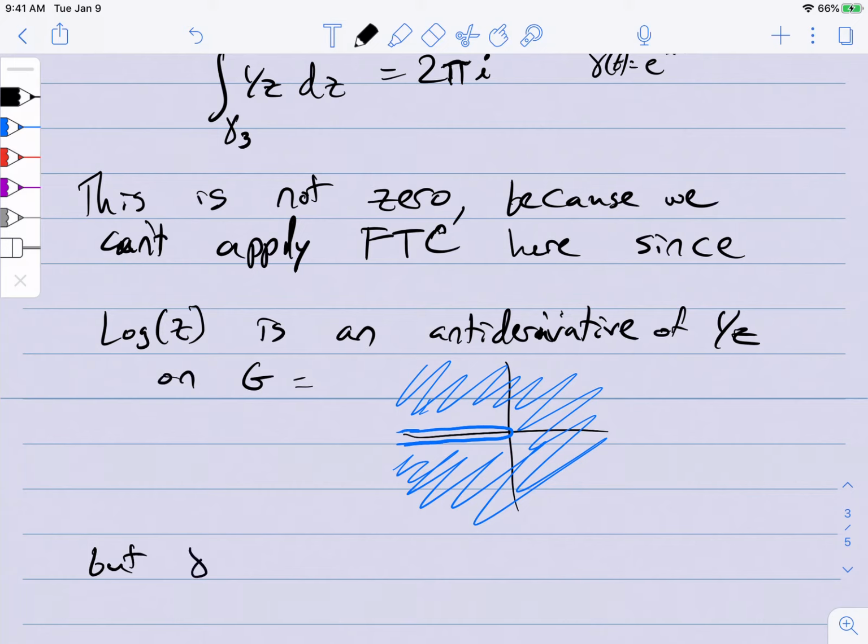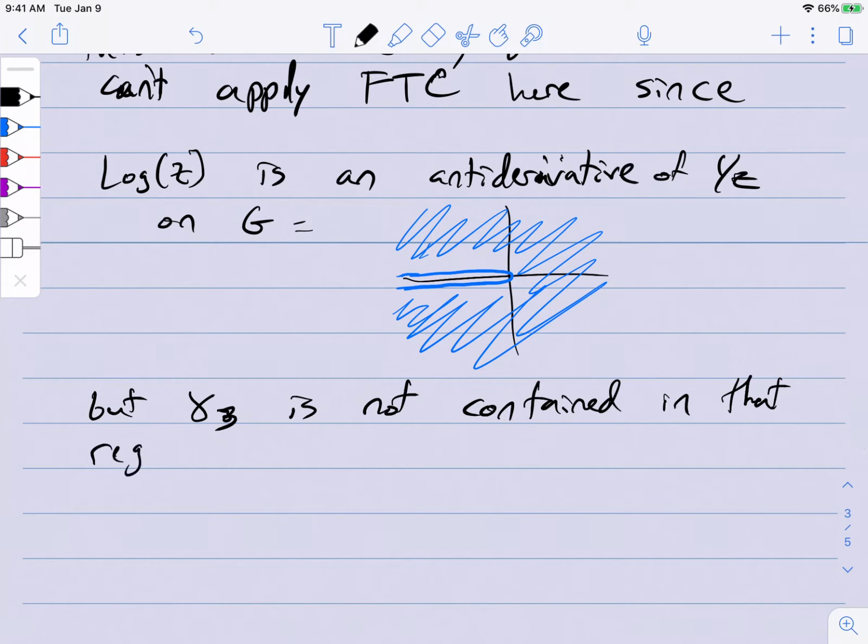But gamma 3 is not contained in that region. Okay, and since our path is not contained, because it goes through -1, it's not contained in the region where we have an antiderivative, we're just not allowed to use the fundamental theorem.